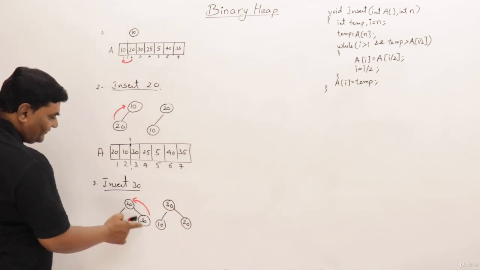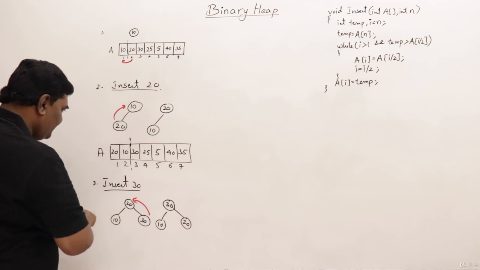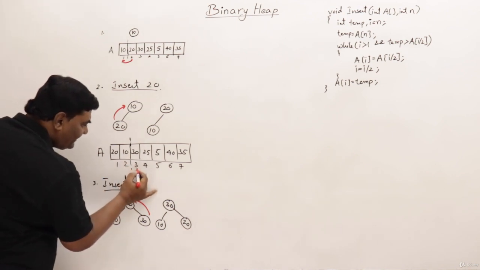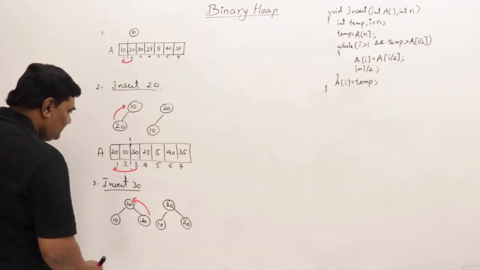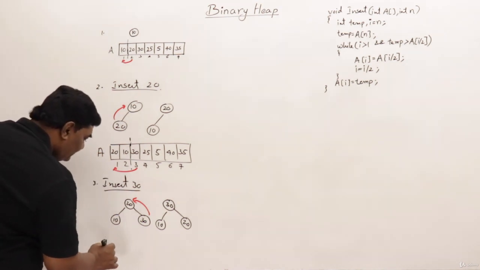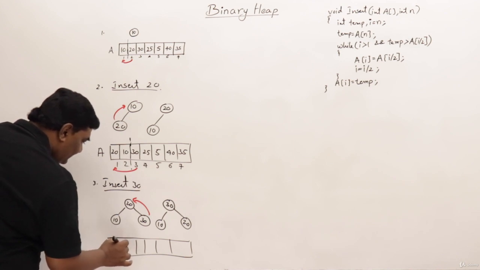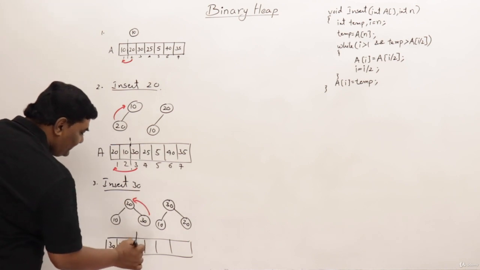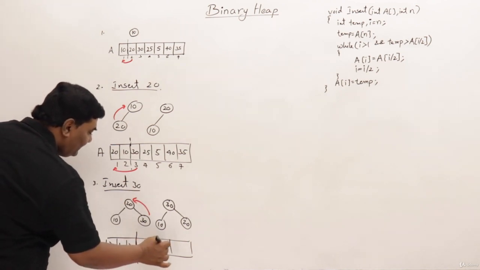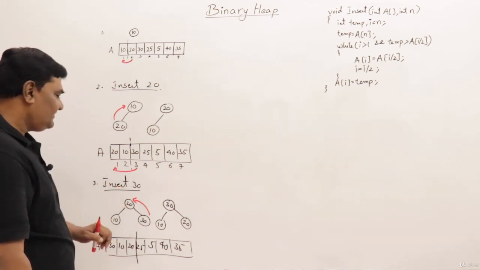So this is swapped. It means 30 was compared with the parent. This is index 3, 3 by 2 is 1, so it was compared with this one. So what is the resultant array? Elements in the heap are 30, 10 and 20. The heap is still here and the remaining elements 25, 5, 40 and 35 are as they are. So this is after inserting 30.